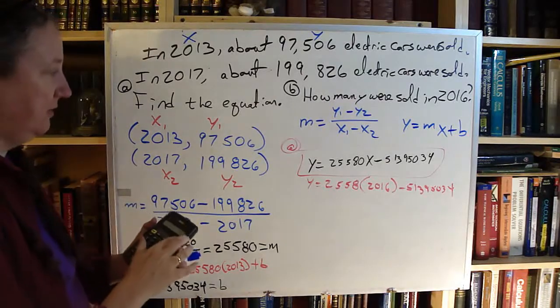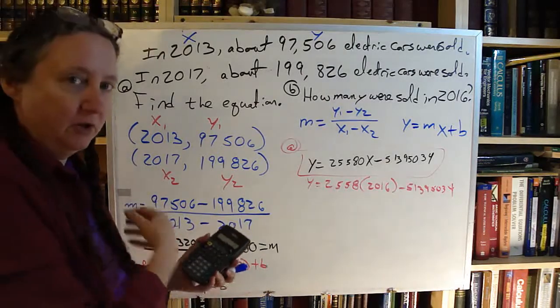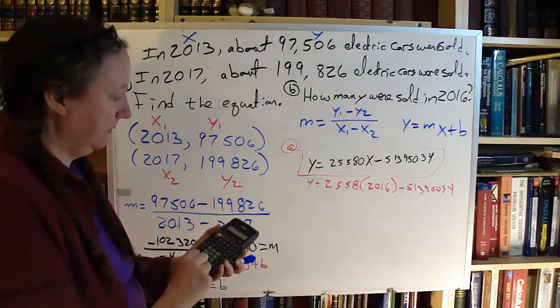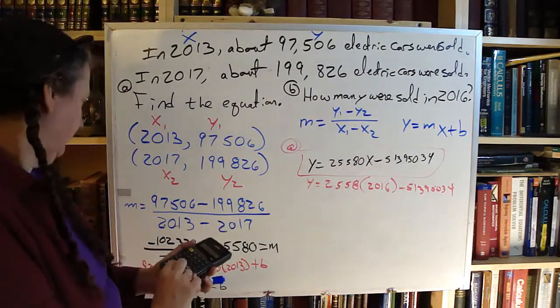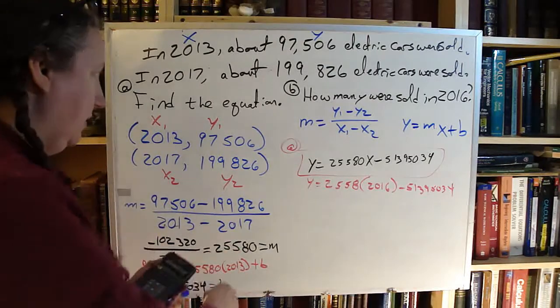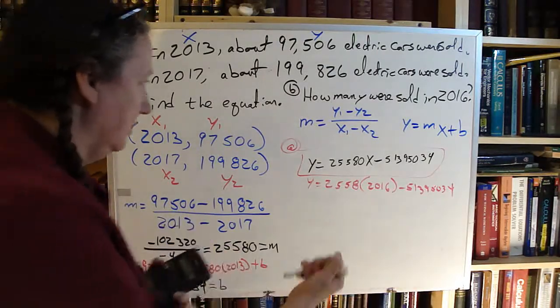Grab my calculator, type that in. I'm just going to type it all in at once. 25580. I lost a 0 there.